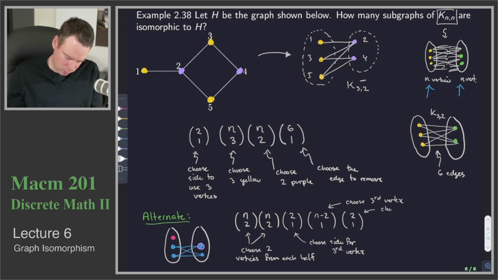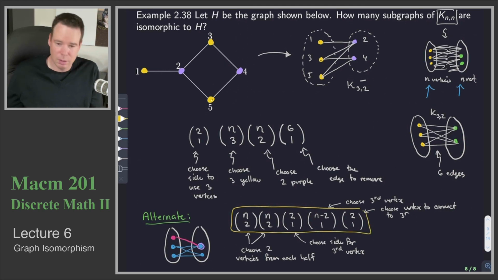So choose the vertex to connect to the 3rd vertex. And once we've done that, that gives us our extra edge. And that also tells us which vertex we aren't connecting to. It's just the one we didn't choose from that side of 2. And so there we are. There's our solution.